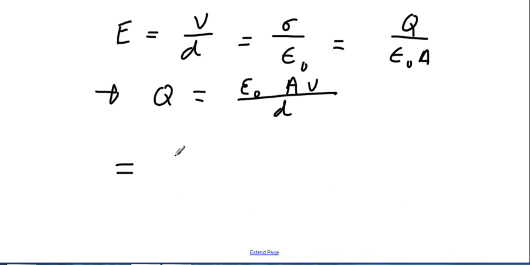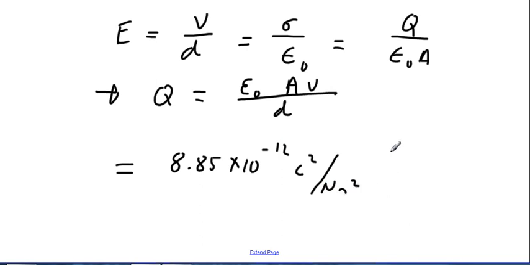Epsilon naught is 8.85 times 10 to the minus 12th coulombs squared per newton meter squared. Area 0.024 meters squared, 3 times 8, put the decimal point in the right spot.